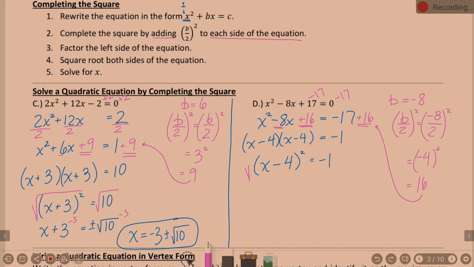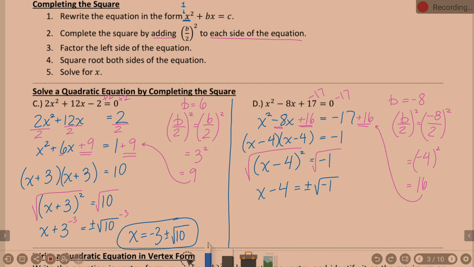Square root. Step 4 says the square root. We're just reading through the steps. Square root of x minus 4 squared is x minus 4. What about the right? Okay. Plus or minus the square root of negative 1. So you got the plus or minus in there. Now, when I go to my next step and clean this up, what is the square root of negative 1? I. Should we say I? Yes.